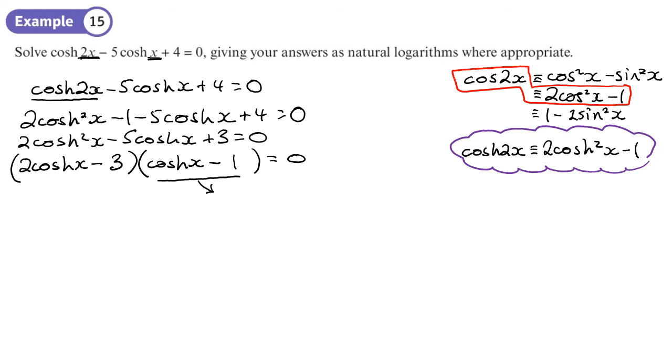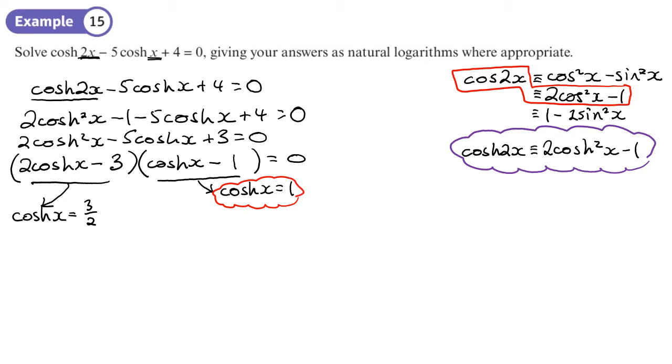So for the first bracket, I get cosh x equals 1, and from this bracket, I'll get cosh x equals 3 over 2. Right, let's deal with this one first.